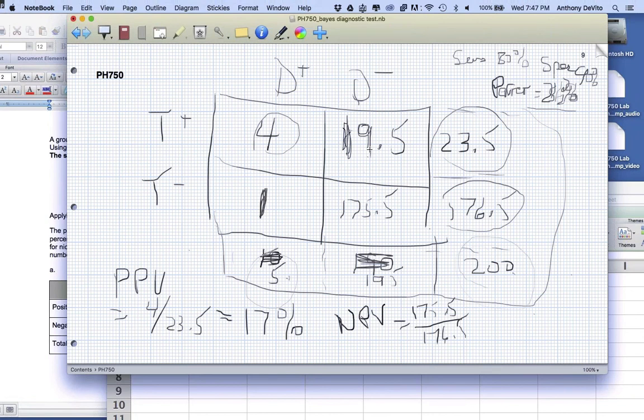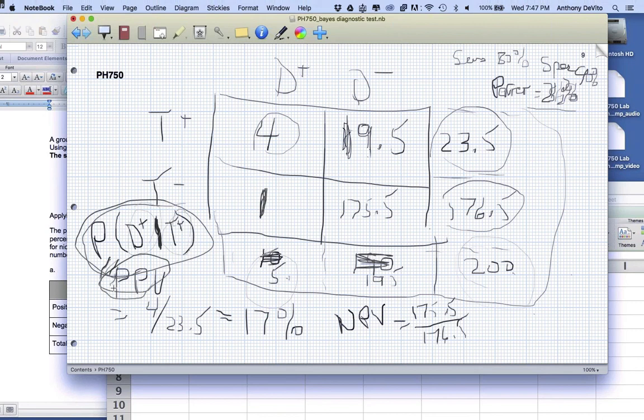How could I describe that? The positive predictive value is the probability that a person has the disease, given that, the bar basically being the same thing as saying given that he's tested positive. This is a conditional probability. Given that he's tested positive, how likely is it that he has the disease? And that's what the positive predictive value is, same thing.